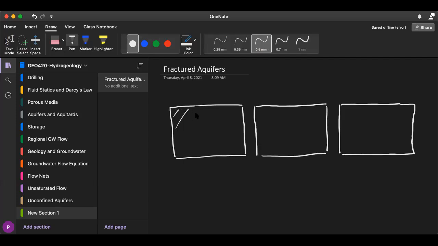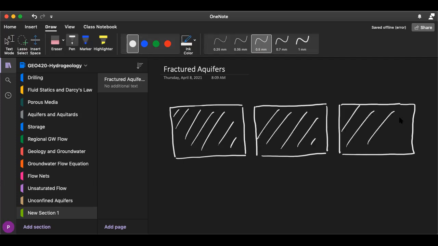And these blocks are intact rock. And in the fracture world, we call these intact blocks of rock. And these obviously have some third dimension here that I'm not going to fully flesh out, but they sort of go in and out of the screen here.